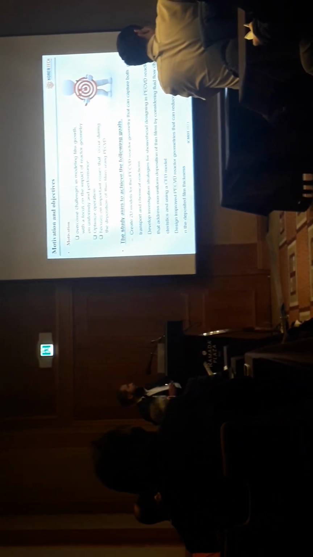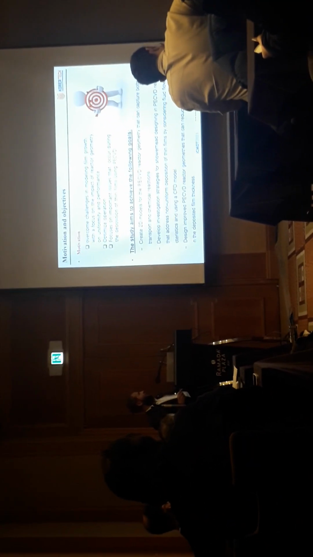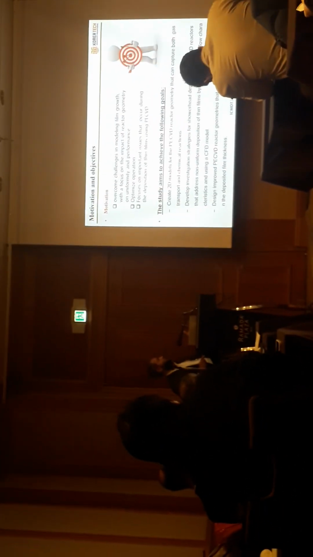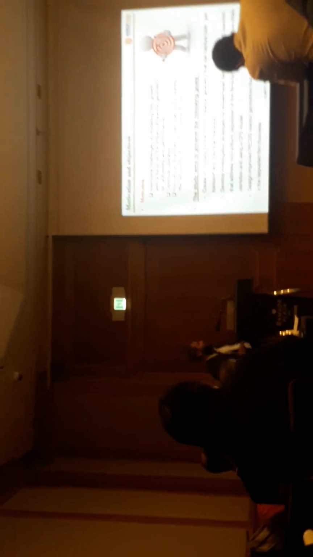So for this motivation, our aims were to create a 2D model for the PECVD reactor and geometry, to capture all the chemical reactions and transport phenomena, and to develop and investigate a strategy for designing this reactor. We have done the CFD model for this purpose.